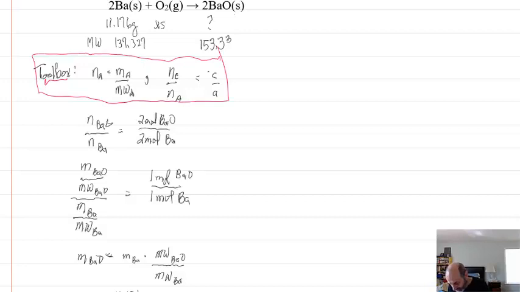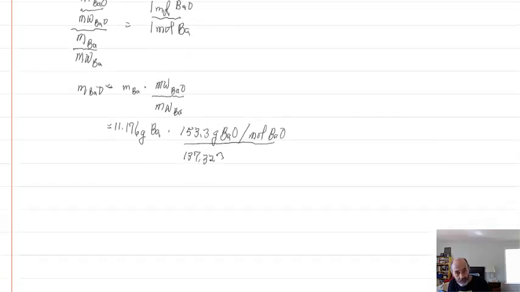And then we divide that by the atomic mass or molecular mass of Ba, which is given as 137.327. Whoops, sorry, I'm off scale. There we go. Grams of Ba per mole of Ba.